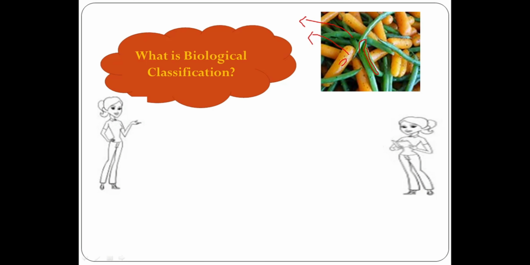Okay, so what you are doing here is separating carrot from beans, looking into the external characters, the color and the shape, etc. And what you do is nothing but classification.